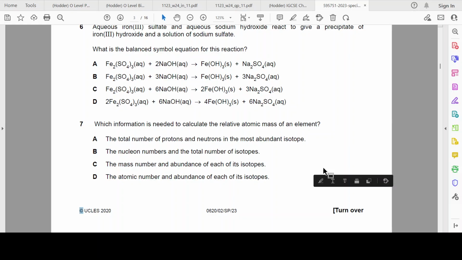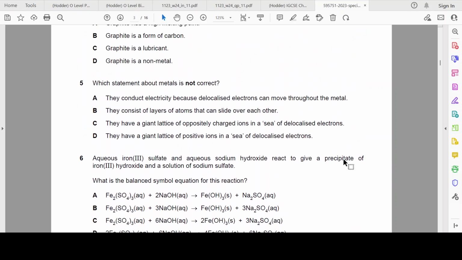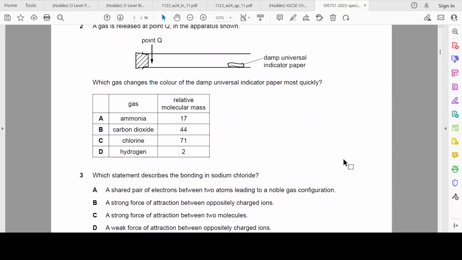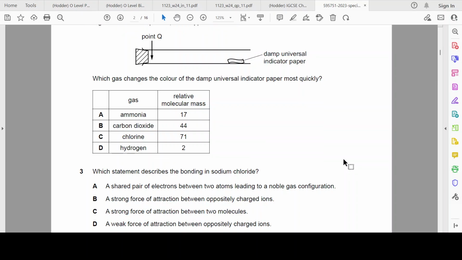Now, one thing that gets students worried for some reason is if you get the same option as the answer repeatedly for a number of questions, they think there's something wrong. Just notice questions 4, 5, 6, and 7, so that's four consecutive questions.